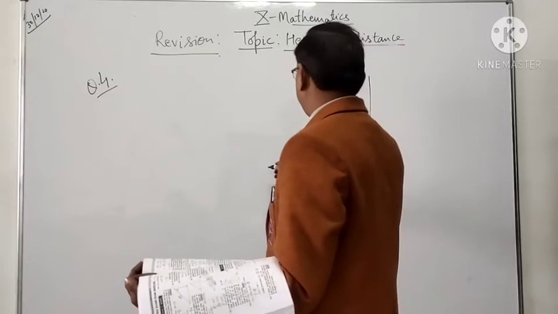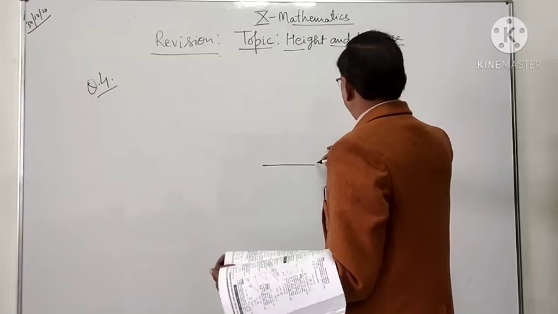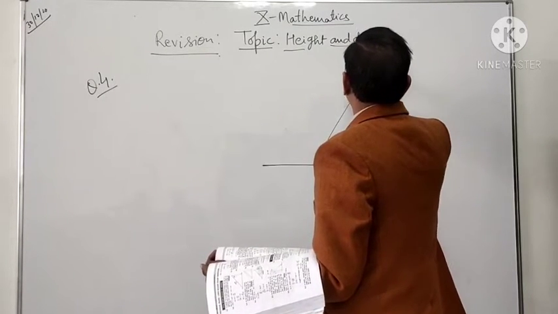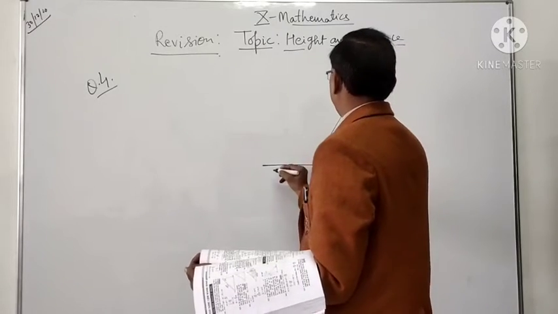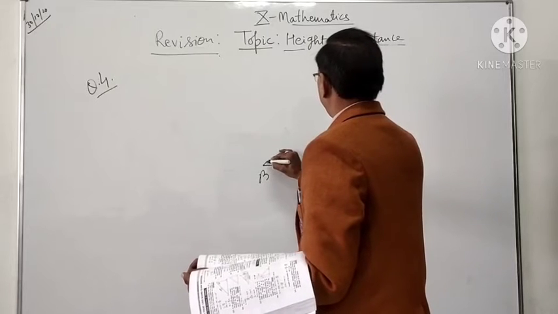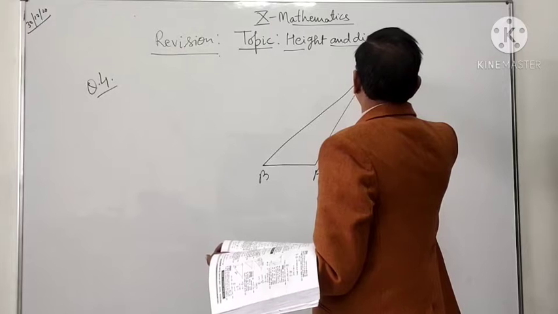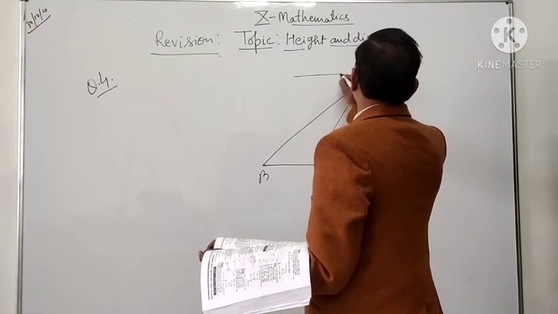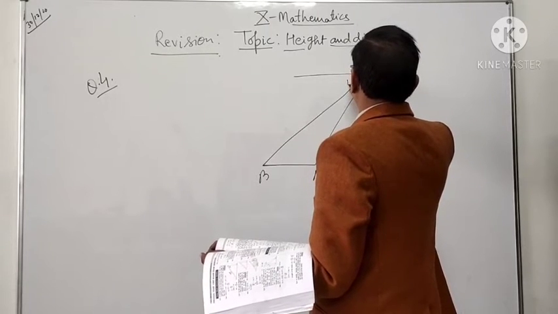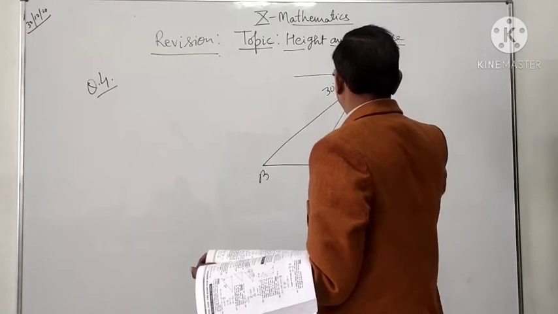There are two ships, they are on the same side. Their angle of depression is 45 degree and 30 degree. Let A and B be two ships. This angle is 45 degree. This is 30 degree is given.